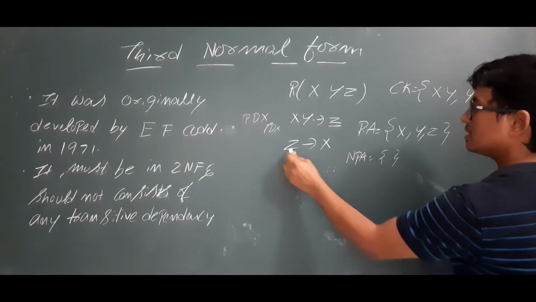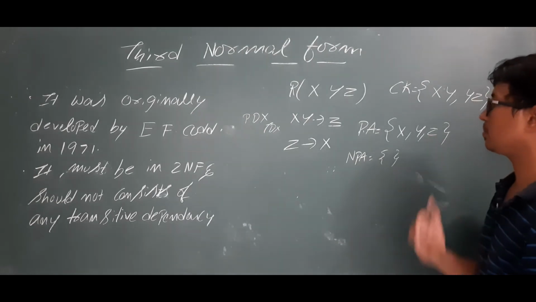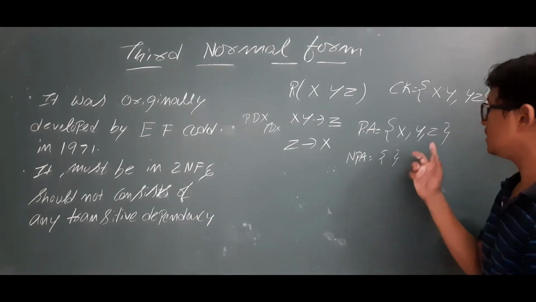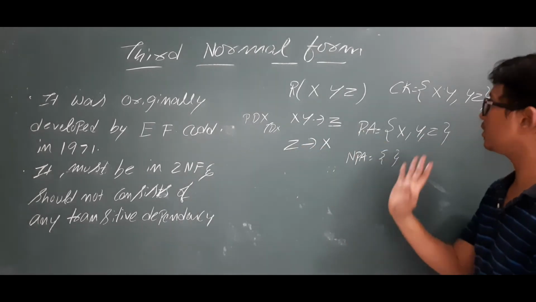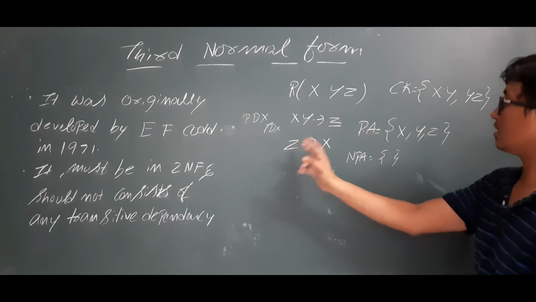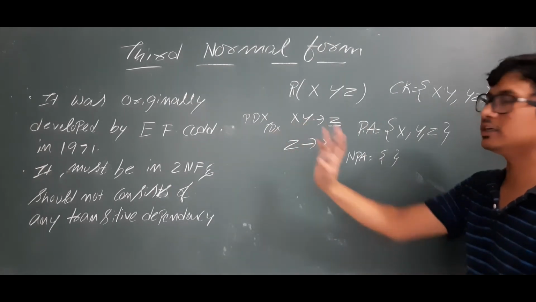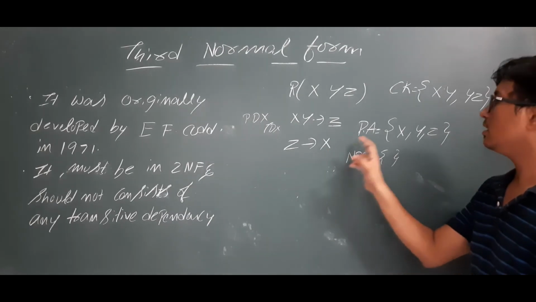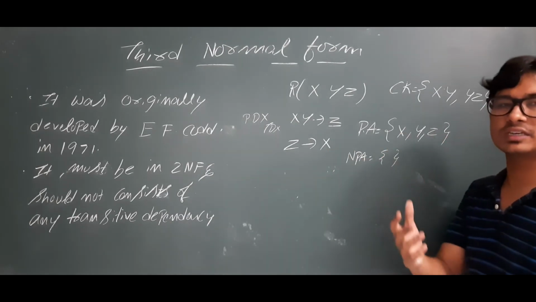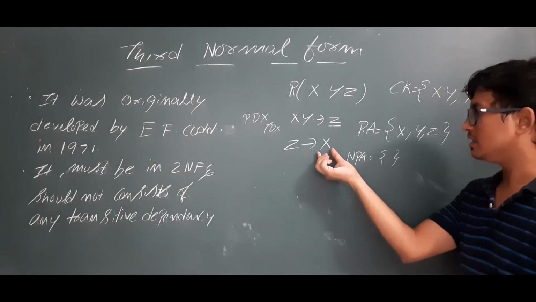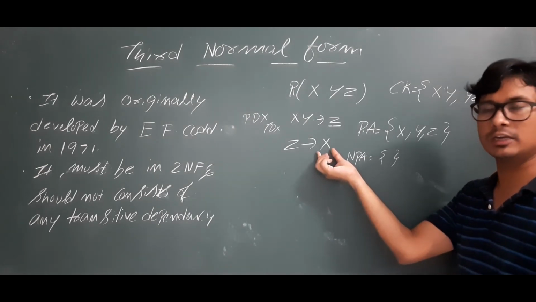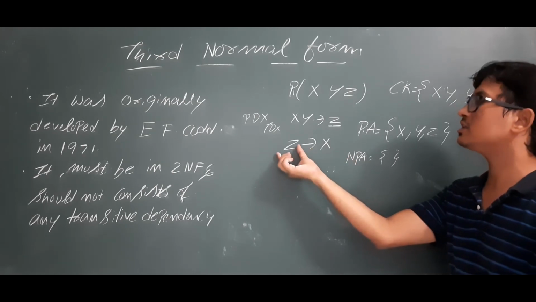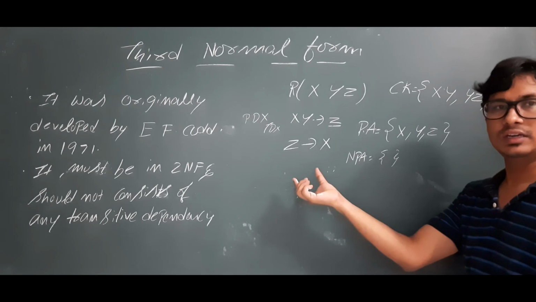Come to this one. Z determines X. Z is a prime attribute. We will see whether it is a partial dependency or not. Z is a part of the candidate key, so people may say that it is a partial dependency. No. Come to the right hand side. X is a prime attribute. When can we say that it is a partial dependency? If X is a non-prime attribute, meaning the right hand side is a non-prime attribute and the left hand side is a part of the candidate key.